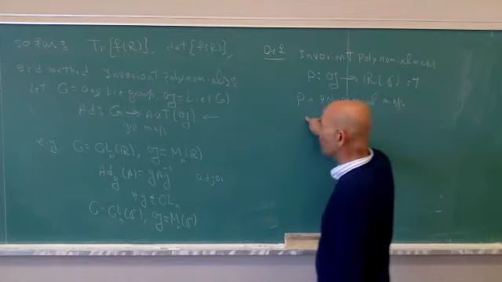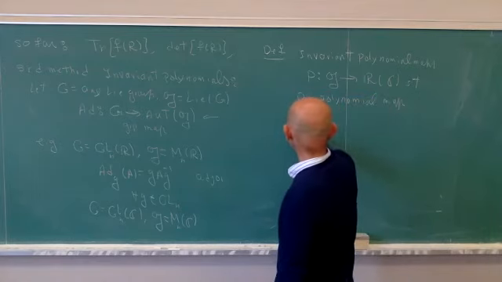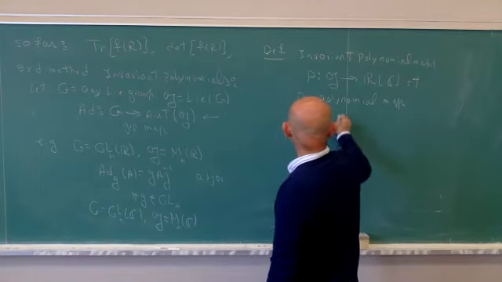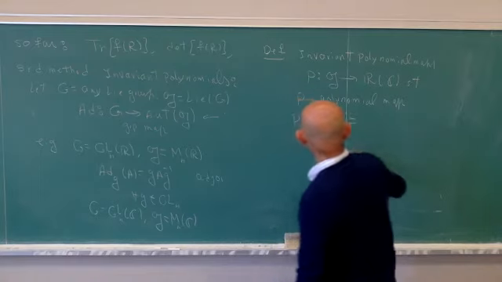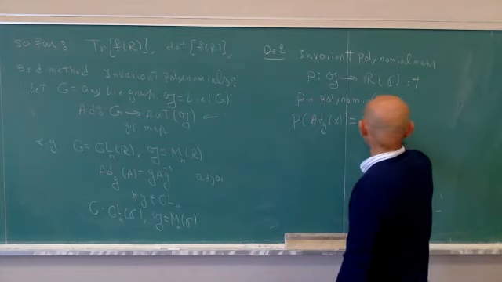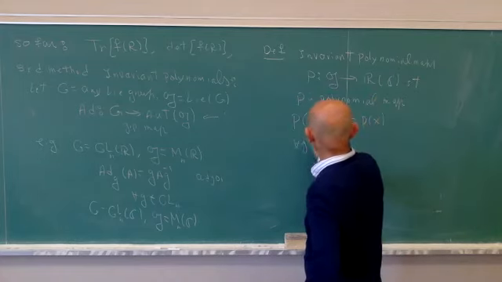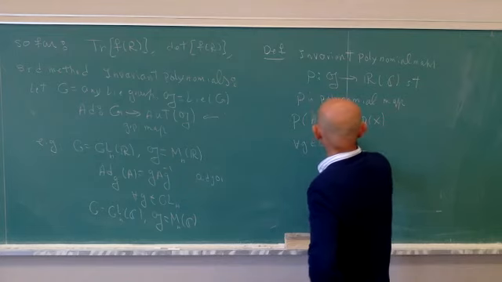But the crucial property of this polynomial map is that P of g x g inverse is equal to P of x for all g in your Lie group and for all x in your Lie algebra.